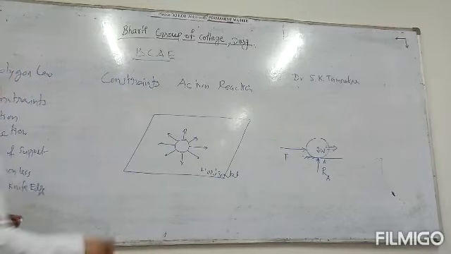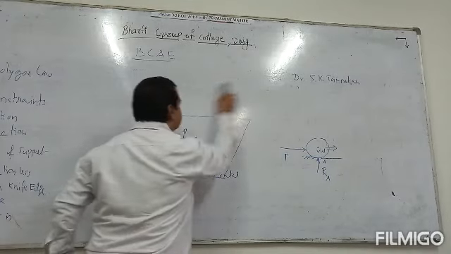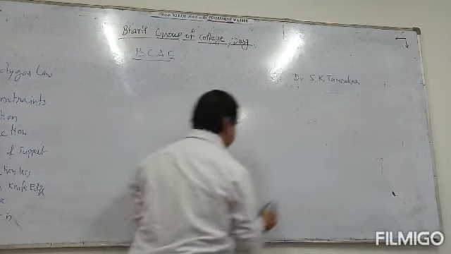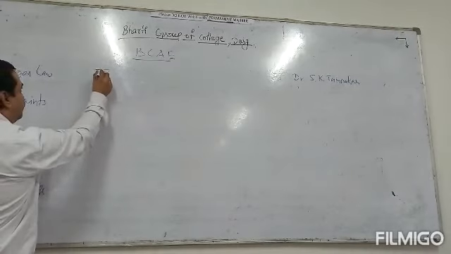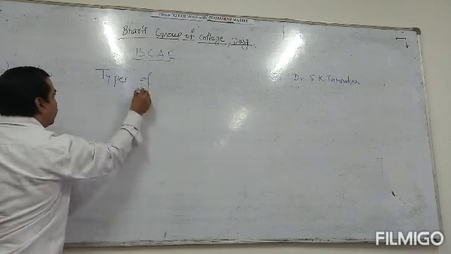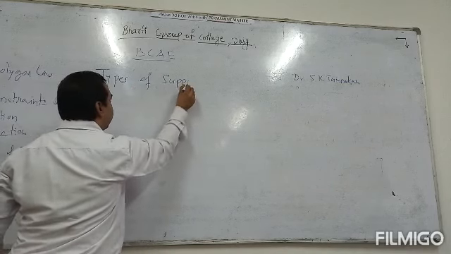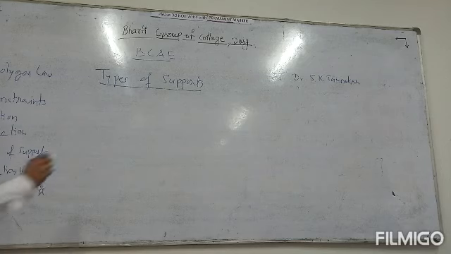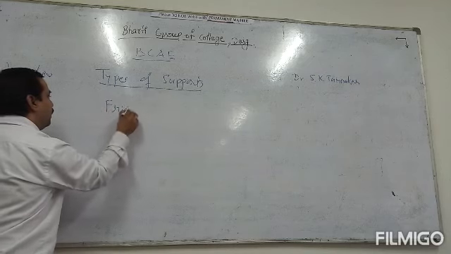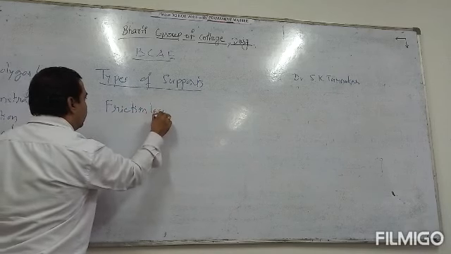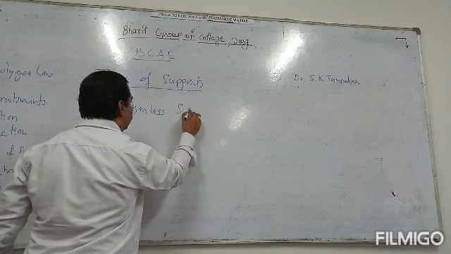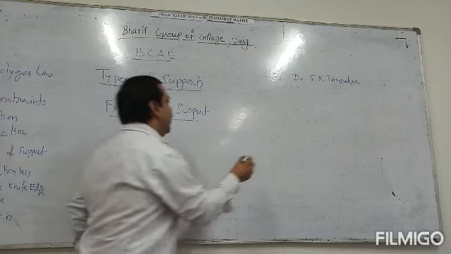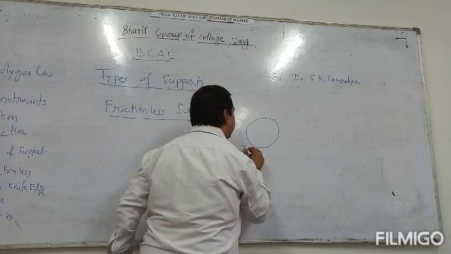Then next is types of support. There are different types of supports, like the frictionless support, where, as we have discussed, a ball is moving on a plane.